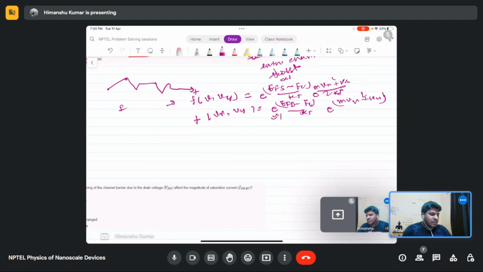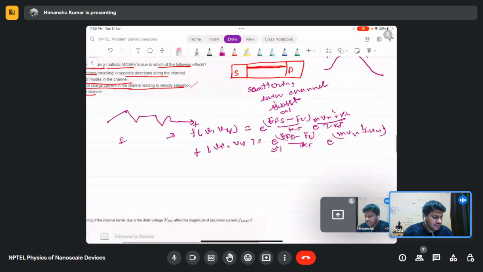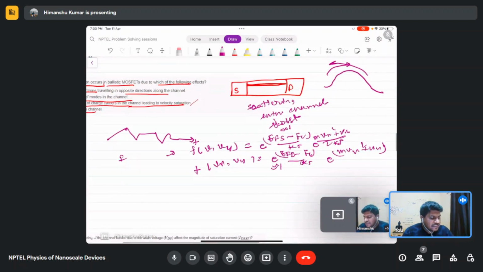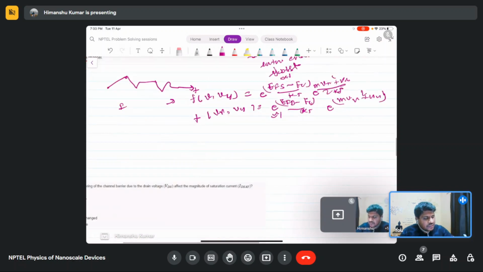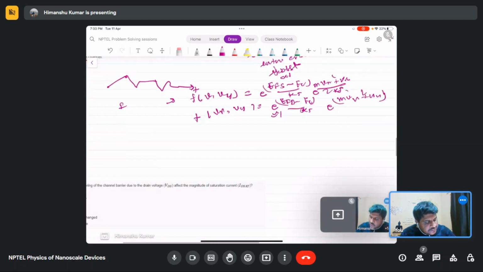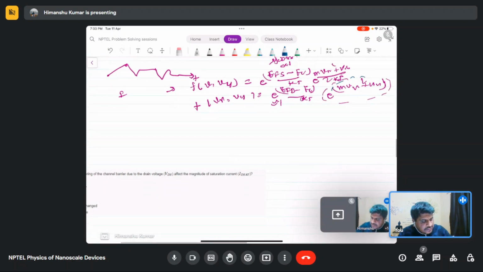The velocity in the positive direction will equal the velocity in the negative direction. If we plot this distribution function, the shape comes out as a Gaussian in 2 dimensions.